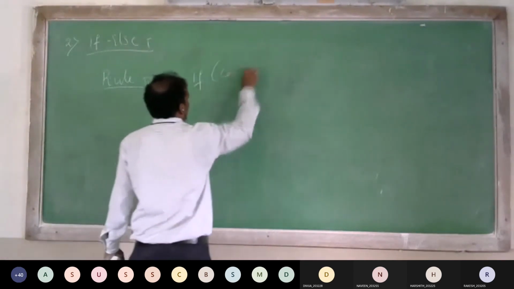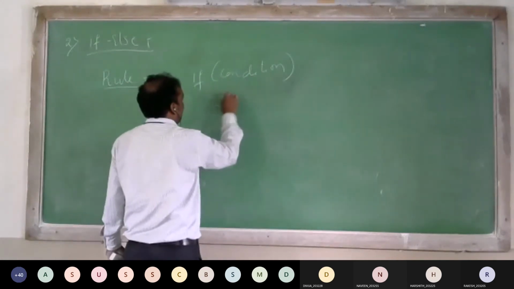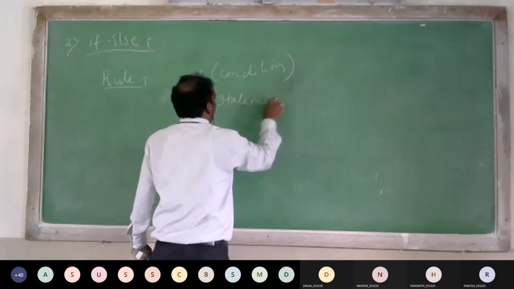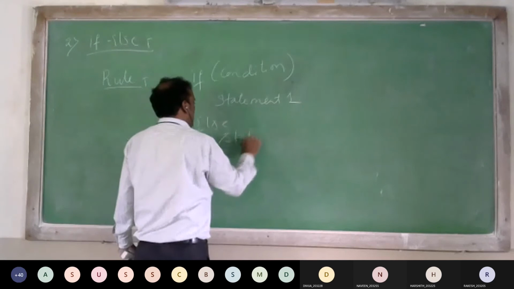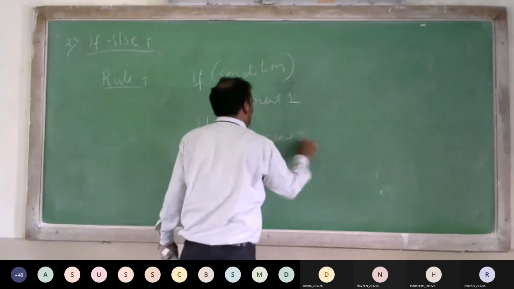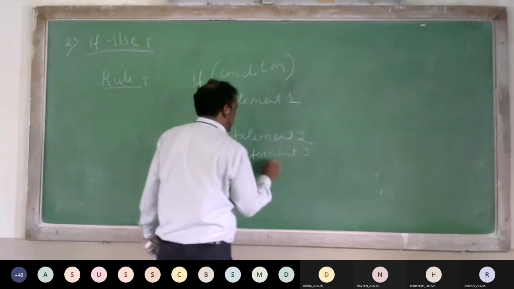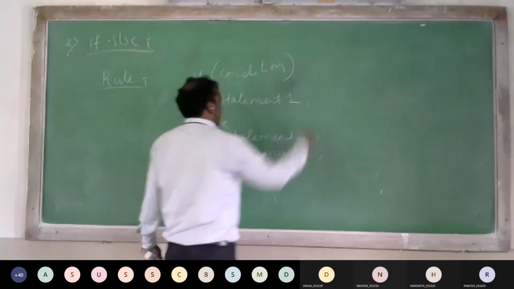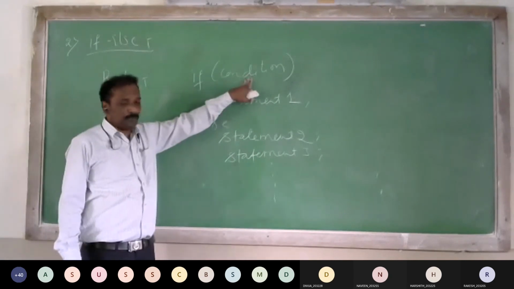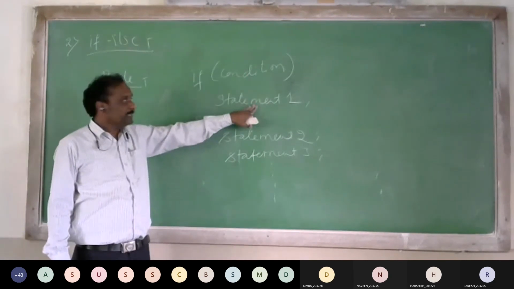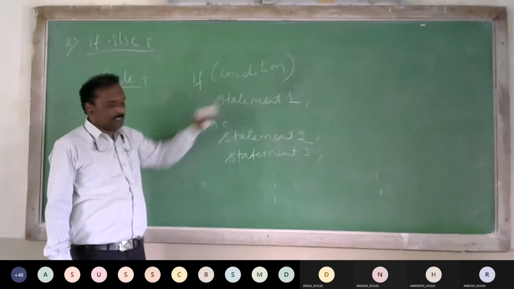If condition, then statement 1, else statement 2, statement 3, etc. Now, if the condition is true, then statement 1 is executed. If the condition is false, then statement 1 is not executed.